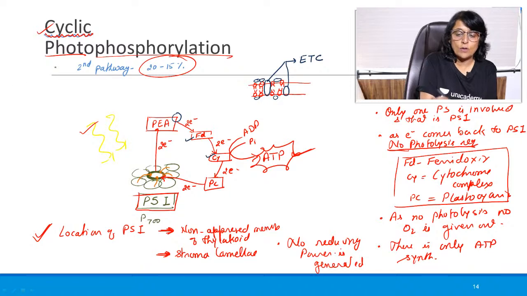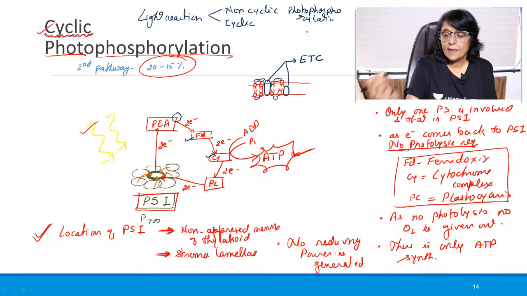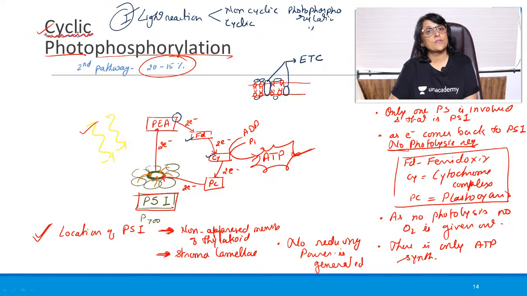So we have talked of light reaction, and in light reaction we talked of two pathways, that is non-cyclic and cyclic photophosphorylation. This is the first one, and why we are calling it light reaction, because these pathways cannot take place without light.